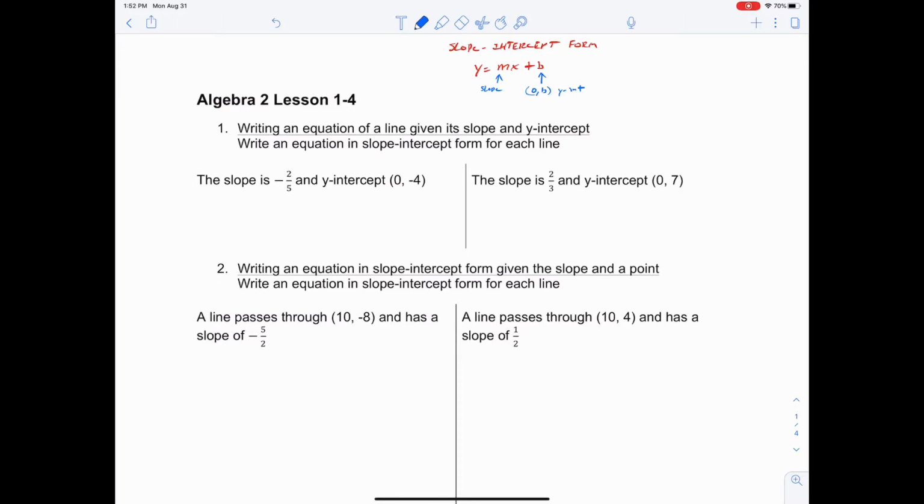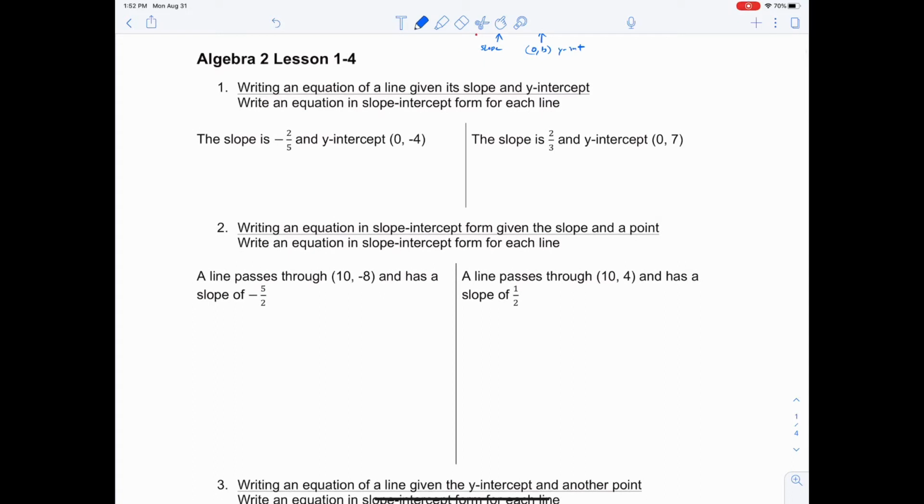Number 1 says, writing an equation of a line given its slope and y-intercept, write an equation in slope-intercept form. So the slope-intercept form is y equals mx plus b, and that's what I have here. The slope is -2/5. That's my m.